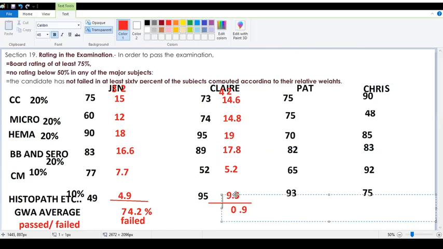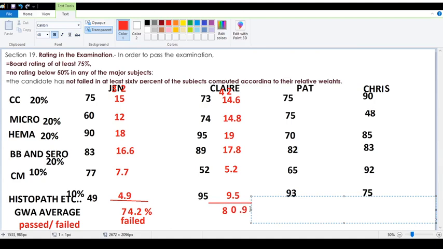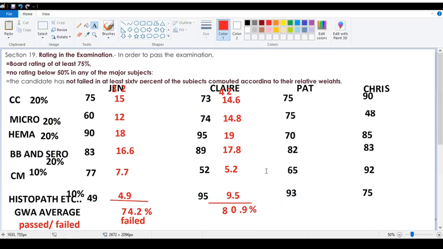So she got 80.9 as her board rating. Okay, so let's double check this one, if we get the computation right. Okay, so I think it's correct.